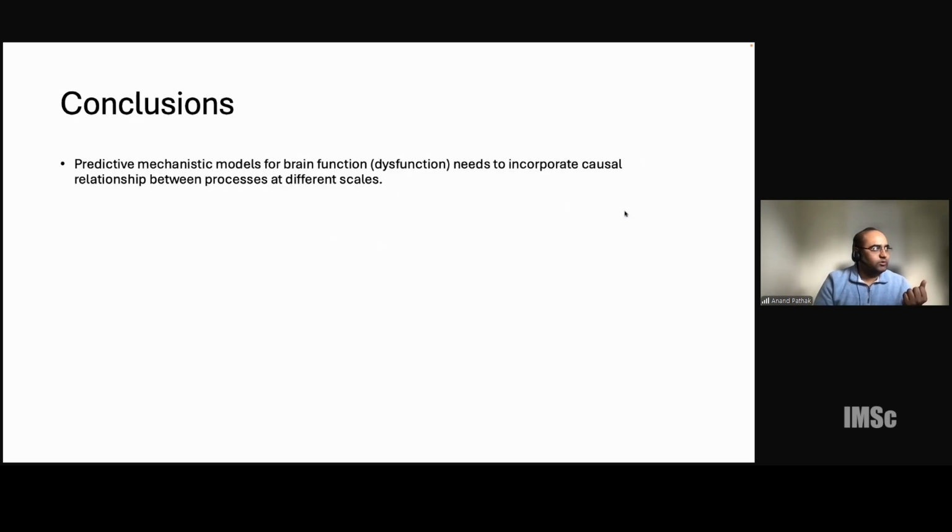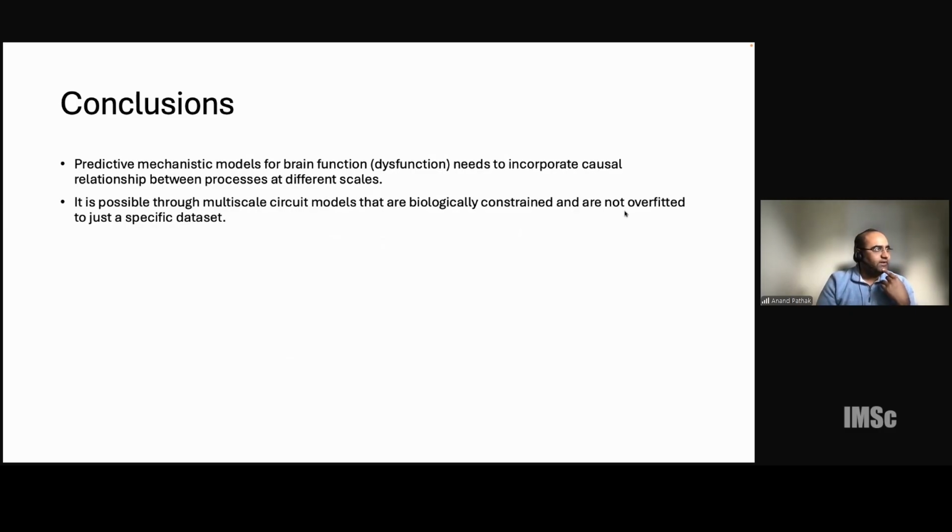So yeah, that's mostly what I wanted to talk about. A model which is predictive and mechanistic should incorporate the multiple scales and their interrelationships. And we have shown that it's possible to make a model like that with biological constraints and from physiology and anatomy, and not to overfit for one particular experiment.